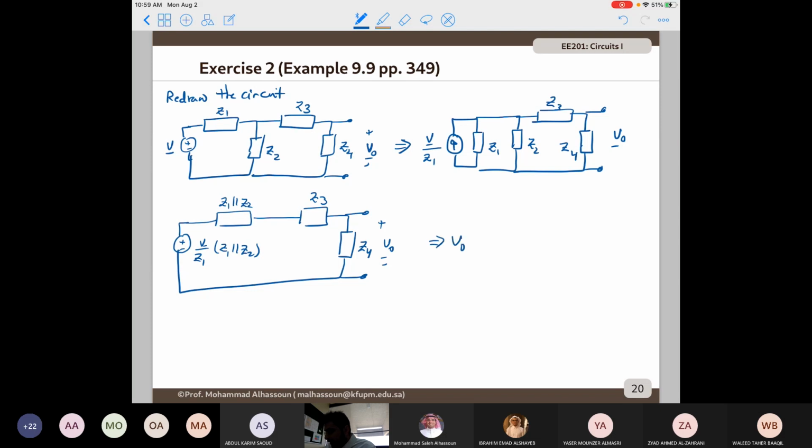So now finding the voltage is straightforward. It's going to be by applying the voltage divider law, multiplied by V divided by Z1 multiplied by Z1.